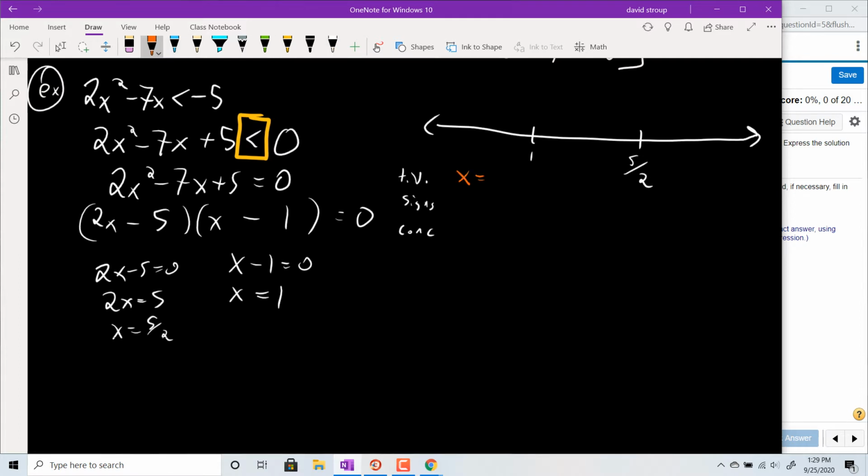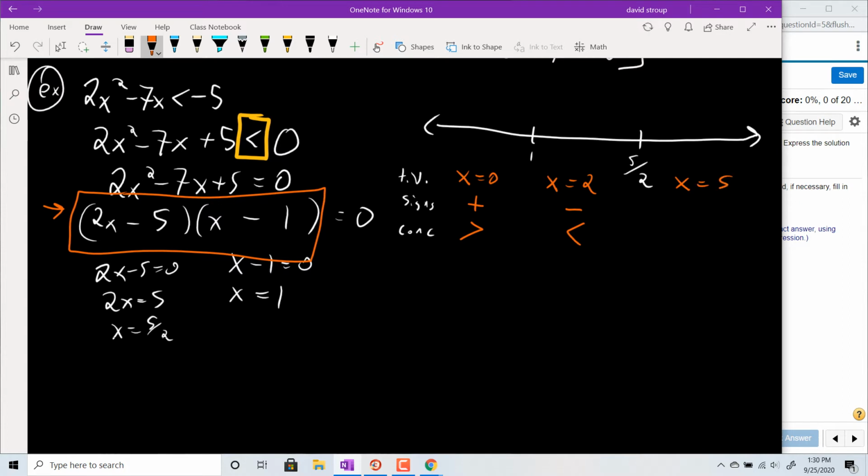So let's try some numbers. Test value x is 0. Plugging it into this box, 2 times 0 is 0, minus 5 is negative, 0 minus 1 is negative, times negative is positive. Conclusion, greater than. Try x is 2. 4 minus 5 is negative, times positive is negative, so that'll be less than.